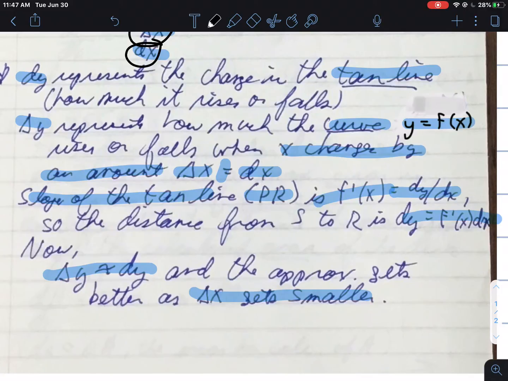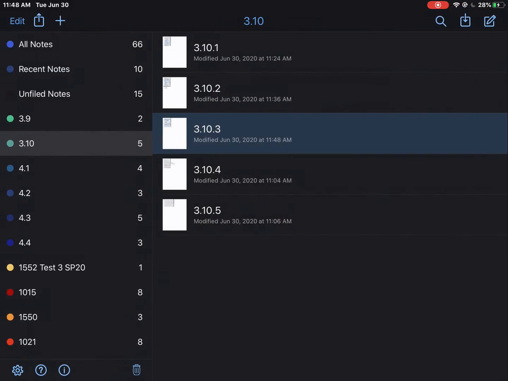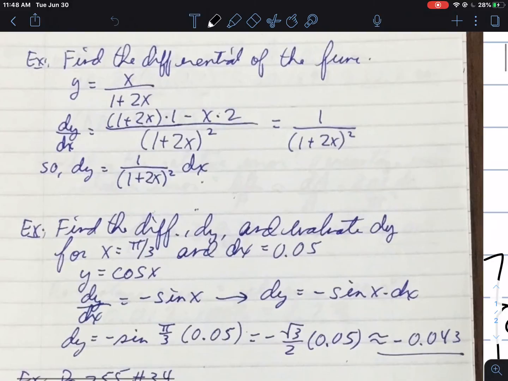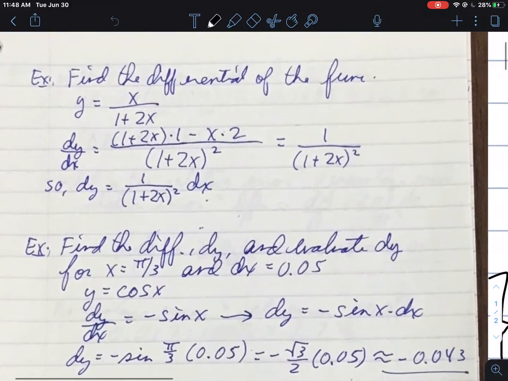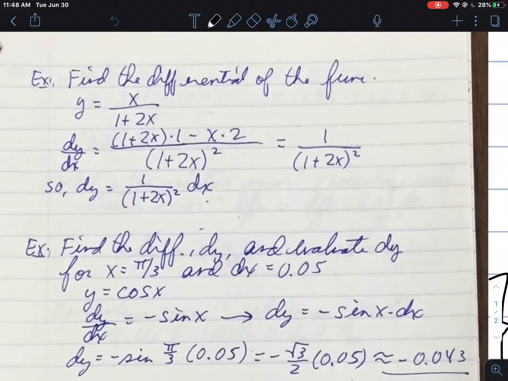And then once I tell you how accurate I want to be, then I can actually tell you how much the y value is going to change. But I can use the tan line to approximate that value. Okay. So it's still all about approximations here. It's still all about using an approximation for the value instead of the actual value. But as long as I'm reasonably close, it's a good enough approximation.